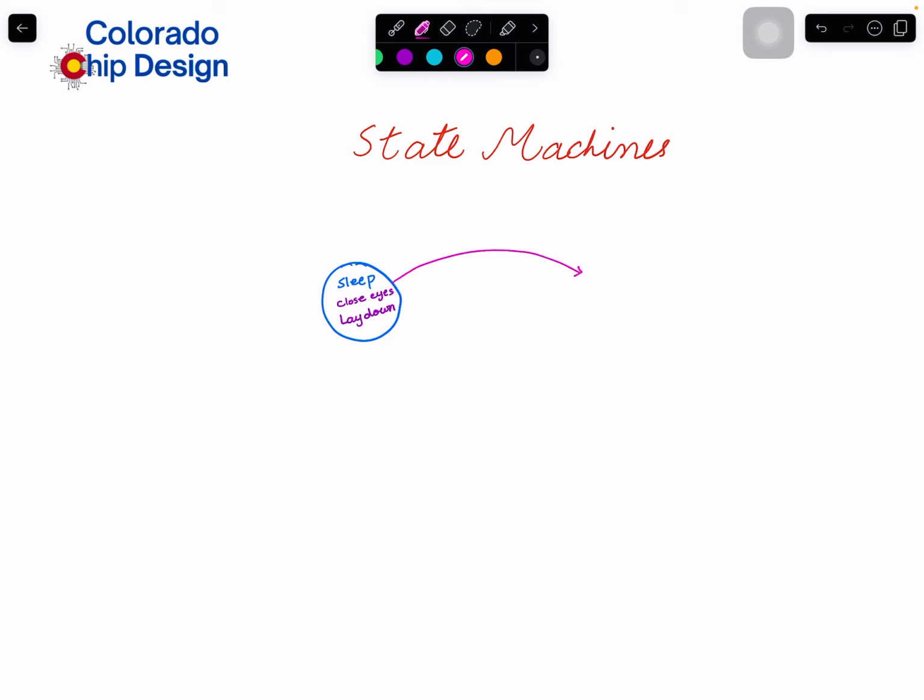So we have another state. In this state, let's keep it simple, it walks. Now it's in the walking state. And what does it do in walking state? It opens its eyes and it moves its legs.